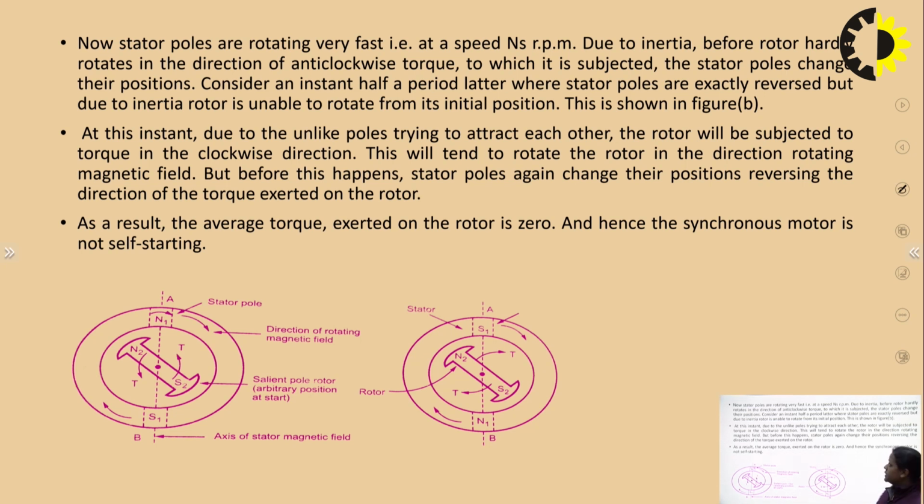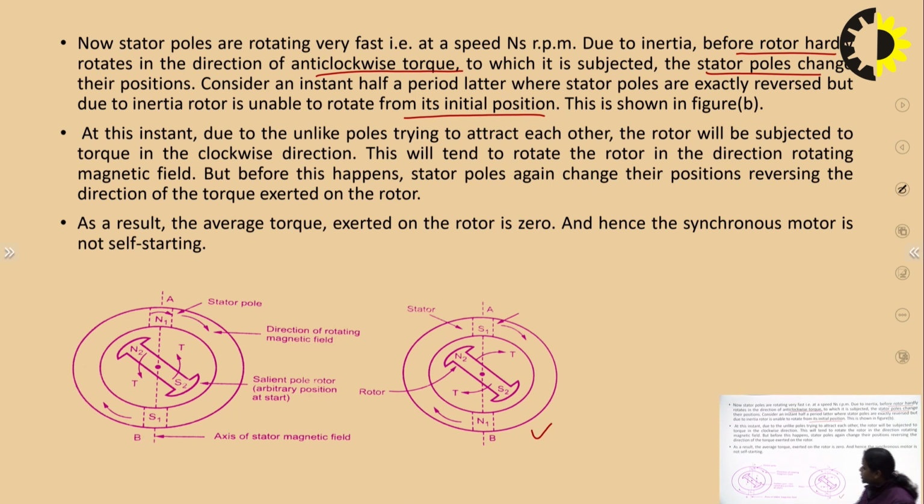Due to inertia, before the rotor can hardly rotate in the direction of the anti-clockwise torque to which it is subjected, the stator poles change their position. Consider an instant half a period later where the stator poles are exactly reversed, but due to inertia the rotor is unable to rotate from its initial position, and this can be seen in this figure, right?